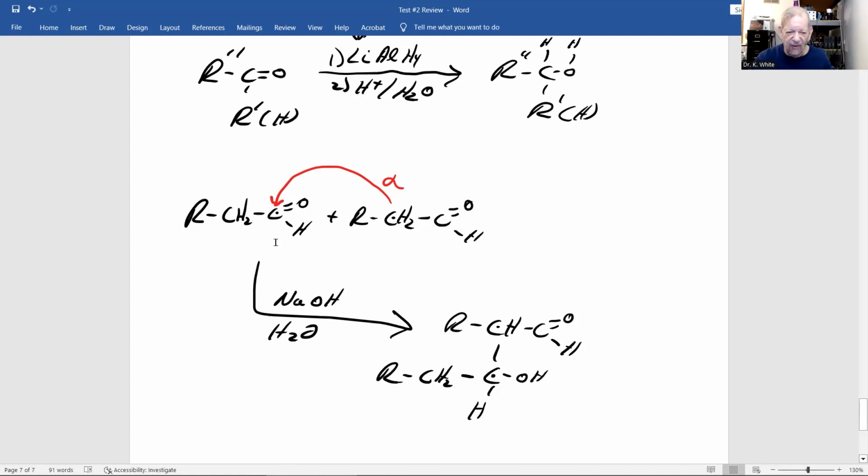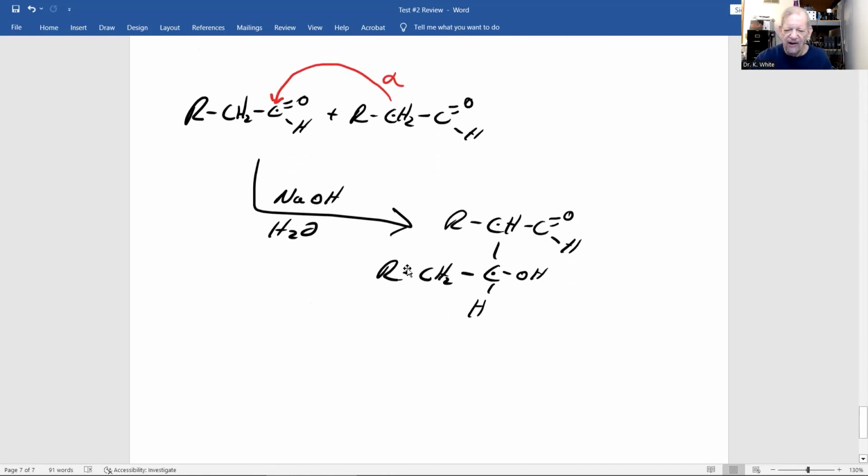But this you should know. If you react an aldehyde with itself in the presence of a base, NaOH and water, on the alpha carbon, the carbon bonded to the carbonyl carbon, you take off a hydrogen because they're acidic, and this enolate anion attacks the other carbonyl, opens it up to an alcohol. Everything else that was attached to those carbons is still there. And you form a carbon-carbon single bond, always very rare, very special.